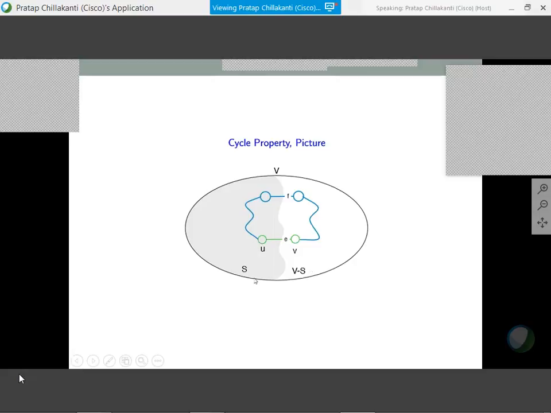And V minus S is all the rest of the set which do not have these vertices. Remember, the minimum cost spanning tree should still have all the vertices. So you have some vertices here, and V minus S is this one. And you're trying to add this UV.